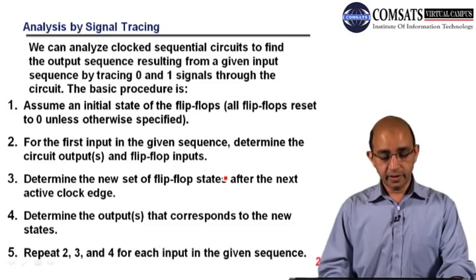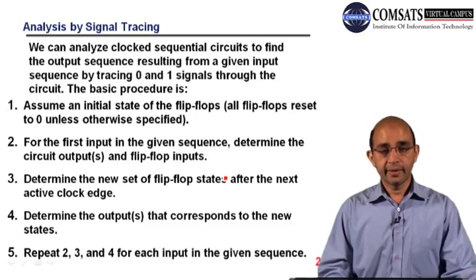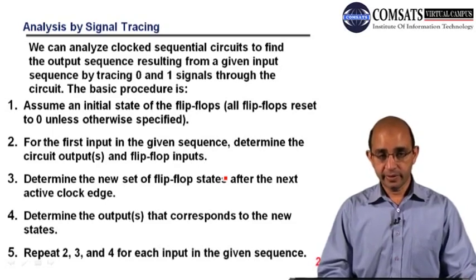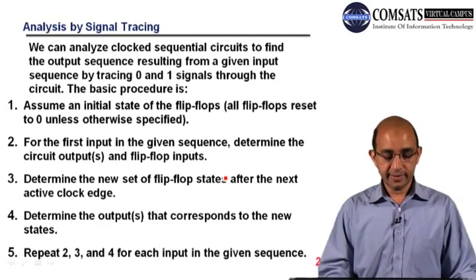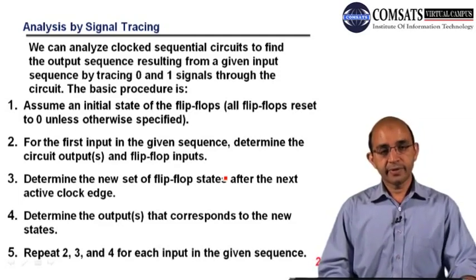After that, we have to find out the next state, and that will be obtained on the next active clock edge. So we have to find out the states of all the flip-flops on the arrival of the next clock pulse.